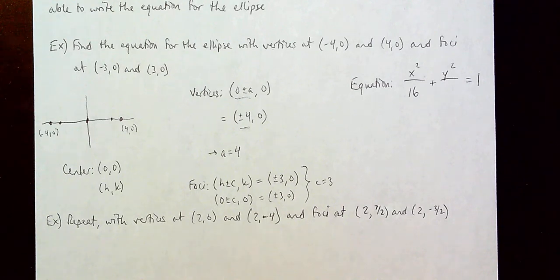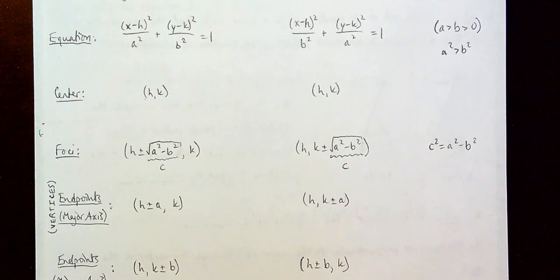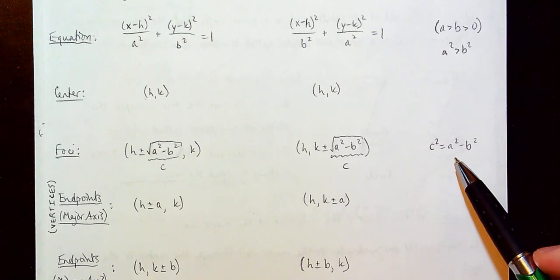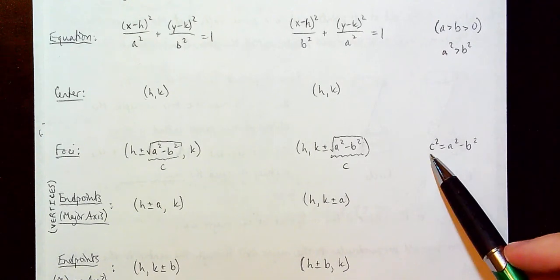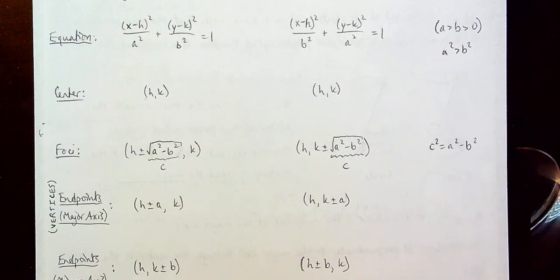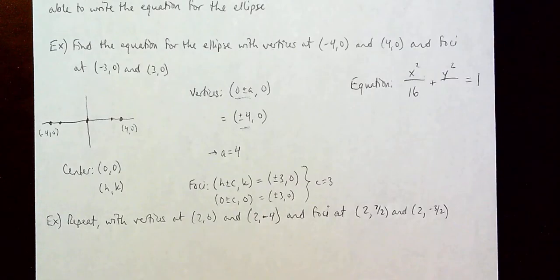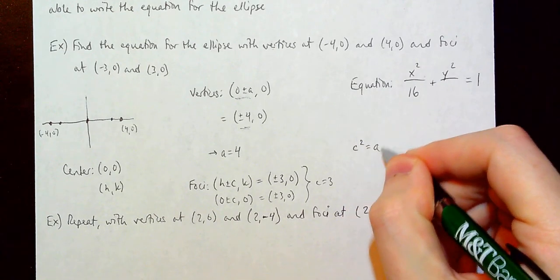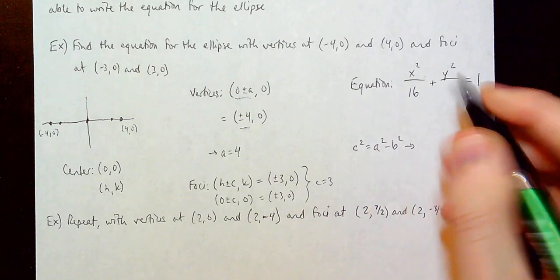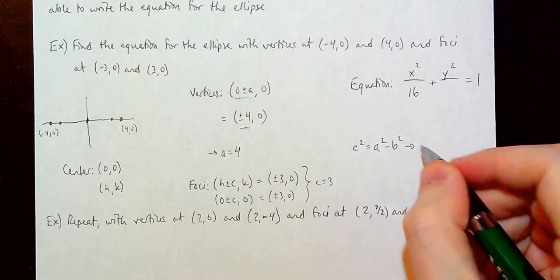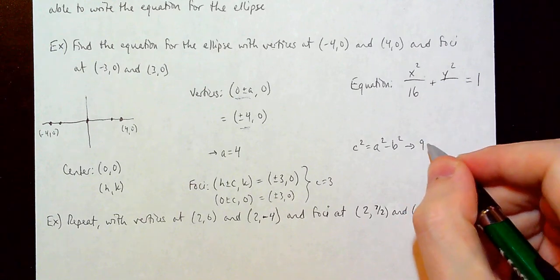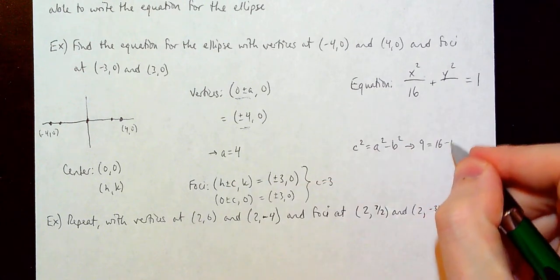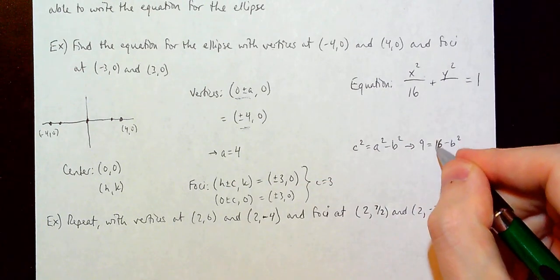Now, we know from our previous video that c squared is equal to a squared minus b squared. I know a, I know c now, I can figure out what b is. So c squared equals a squared minus b squared implies that 3 squared, or 9, is going to equal a squared, 4 squared, or 16, minus b squared.